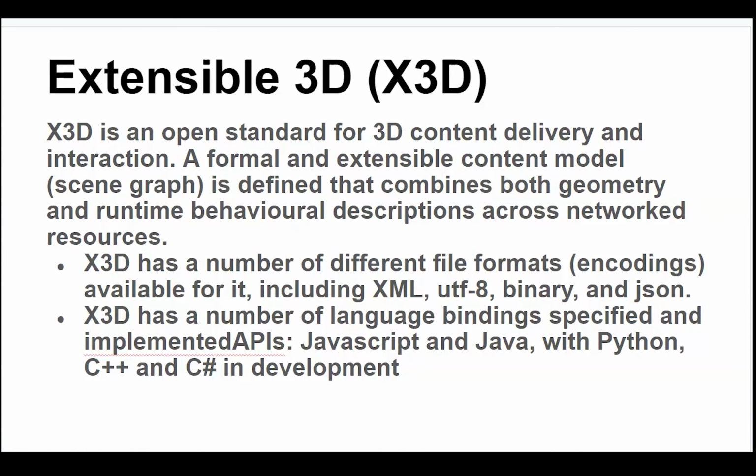So the same scene graph can be written in XML, JSON, UTF-8, brace bracket, binary. Okay, so whatever your content pipeline or your exporters are, you might see X3D that actually looks different. It's encoded in a different way, but it's the same scene graph. Okay, and that's what the standard describes.